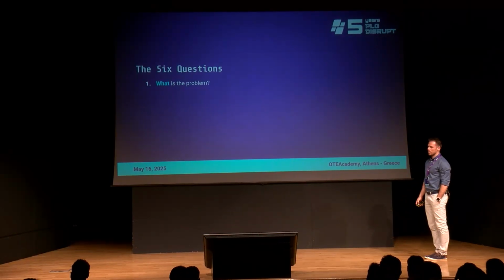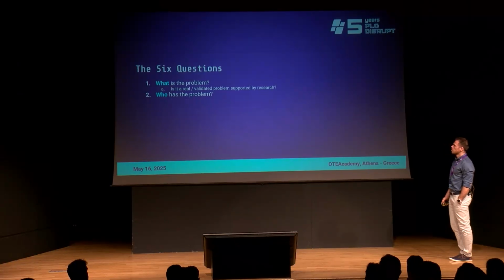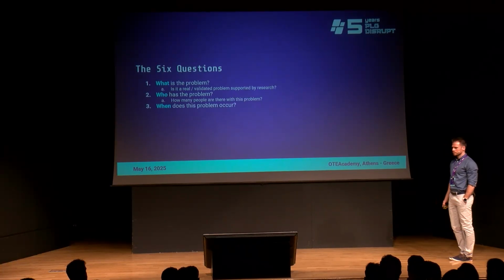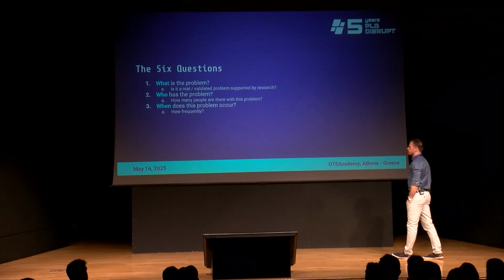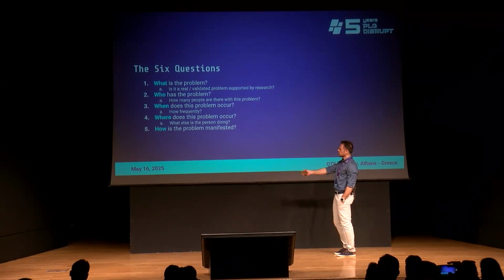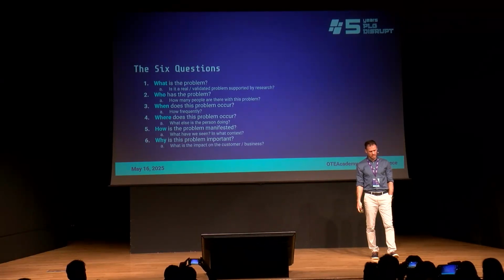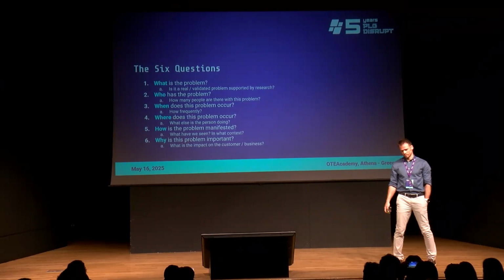And finally, we have the 6 questions for the PRD. What's the problem? Who has the problem? When does the problem occur? Where does it occur? And finally, how it manifests and why the problem is important. This is the role of a product manager, again.